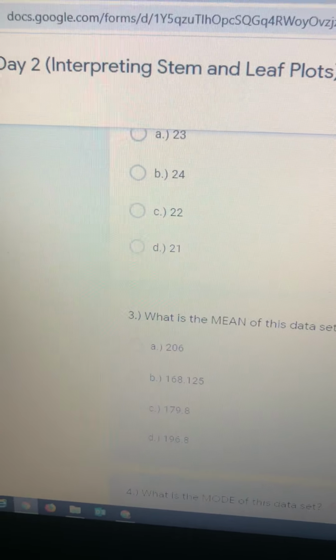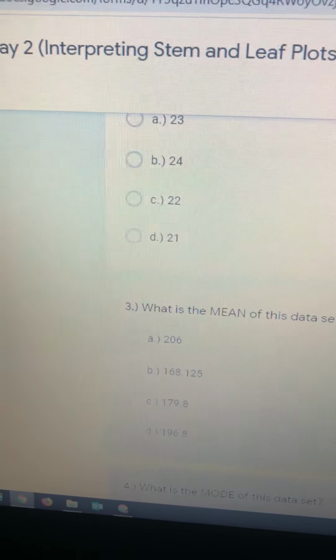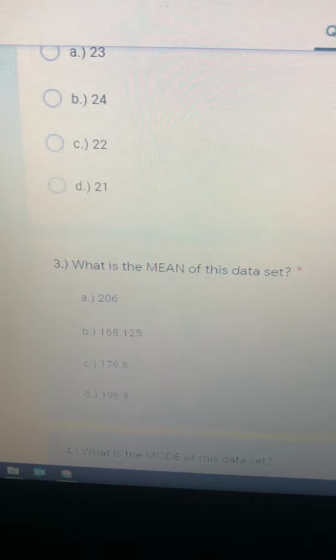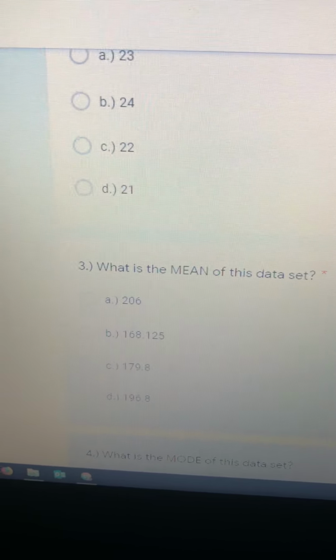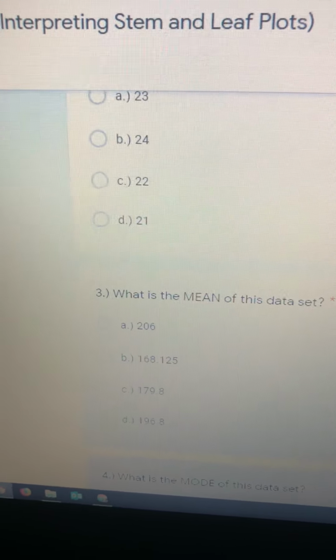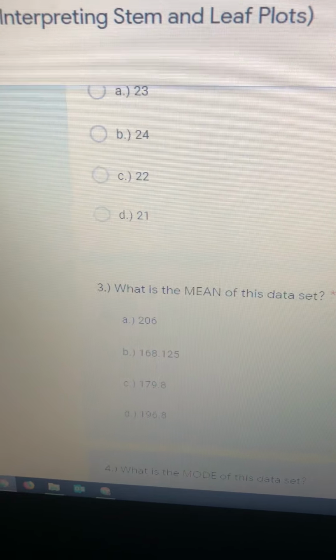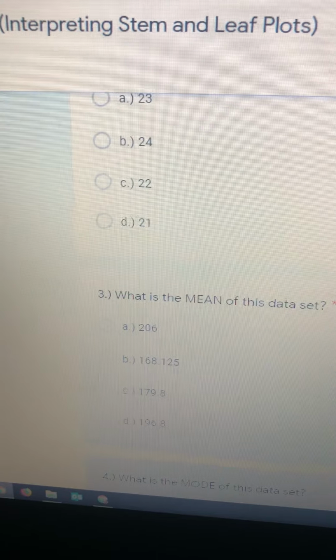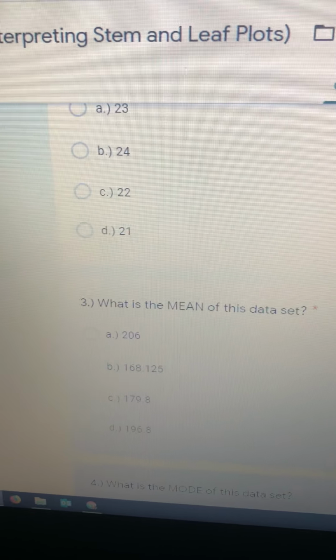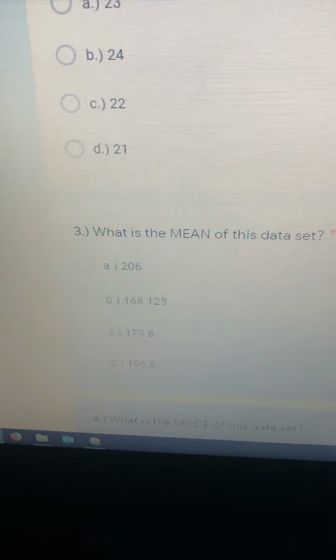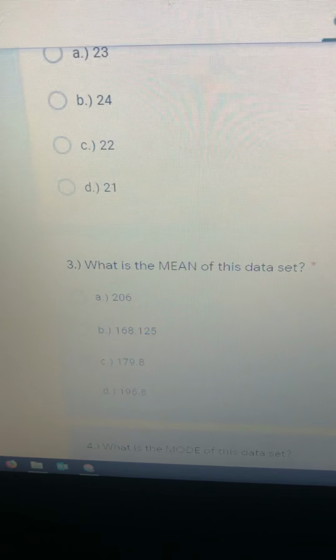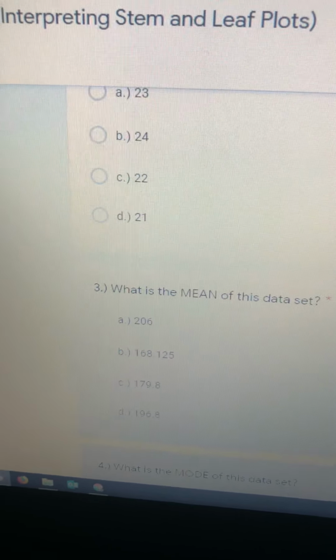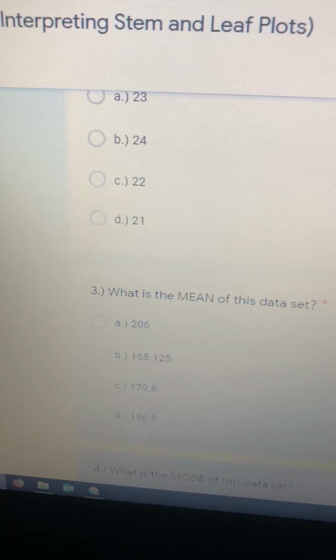Number 3 says, what is the mean of this data? Remember, mean is the average. You put them all in order from least to greatest, then you add them up and divide by the total number in the data set. I'm not going to tell you what the sum is, but we know that there are 22 data pieces.